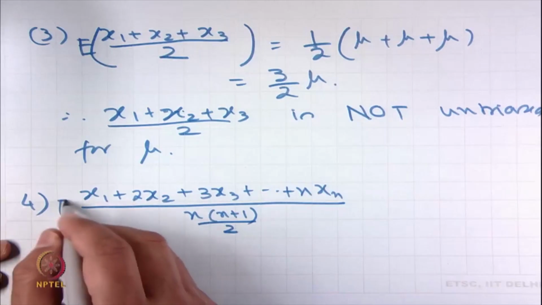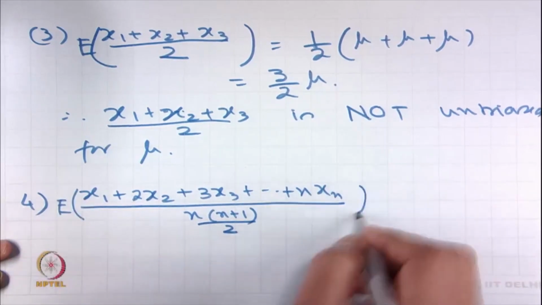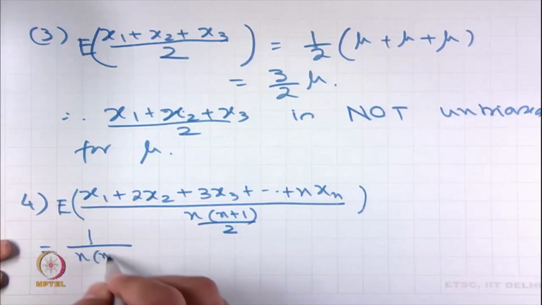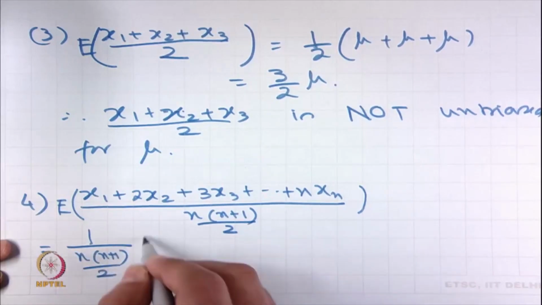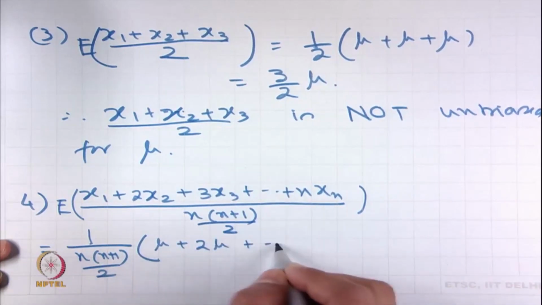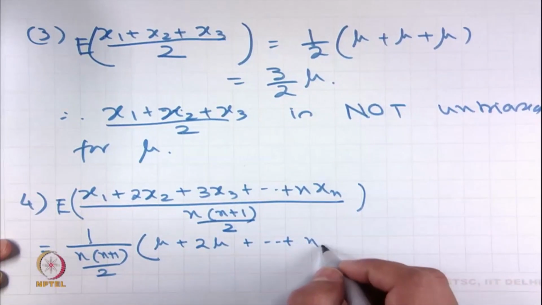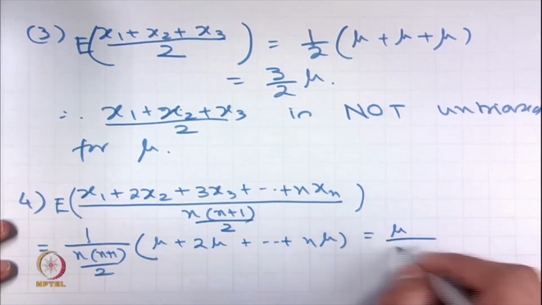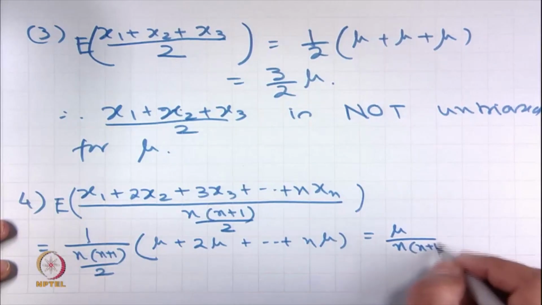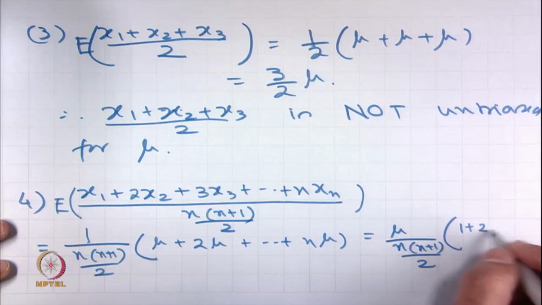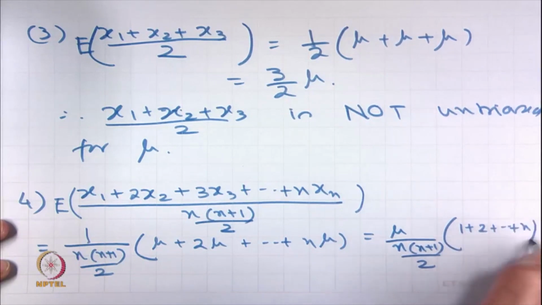Its expectation is equal to 1 upon n(n+1)/2 multiplied by (mu + 2 mu + ... + n mu), which is mu times n(n+1)/2 into (1 + 2 + ... + n).